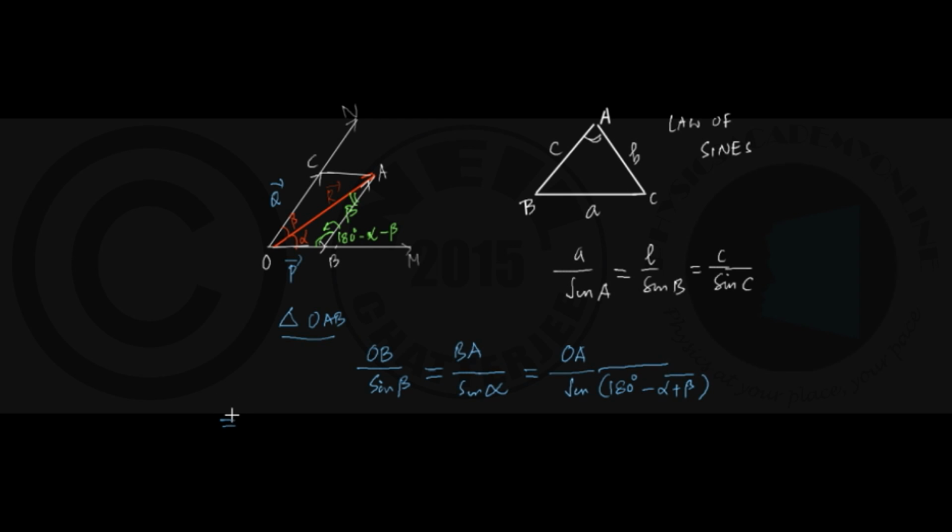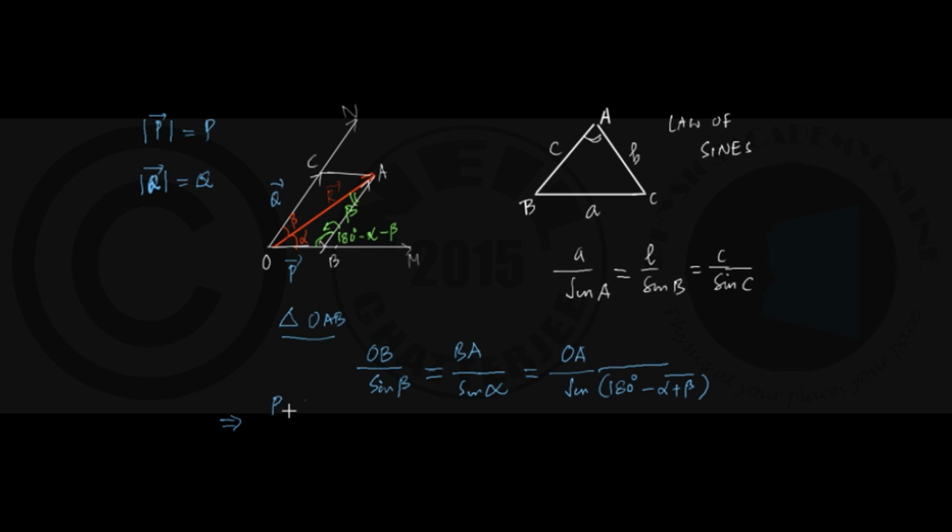Now since I already know that the length OB is nothing but the length of the arrow representing the P vector, OB is the magnitude of the P vector, that is just P. I told you earlier in the previous page, if P is a vector, its magnitude can be expressed by either this modulus symbol, or just simply by P. Similarly, the vector Q, I can express with either the modulus symbol or just simply by Q, and similarly for R as well.